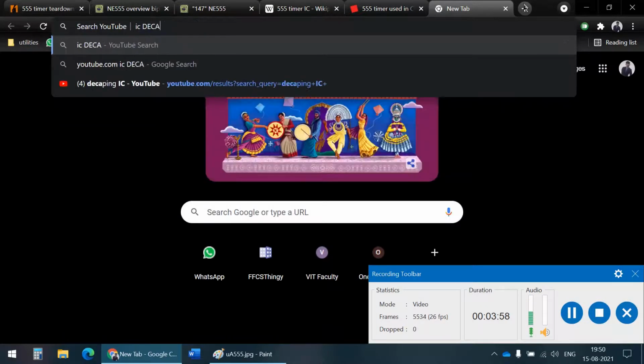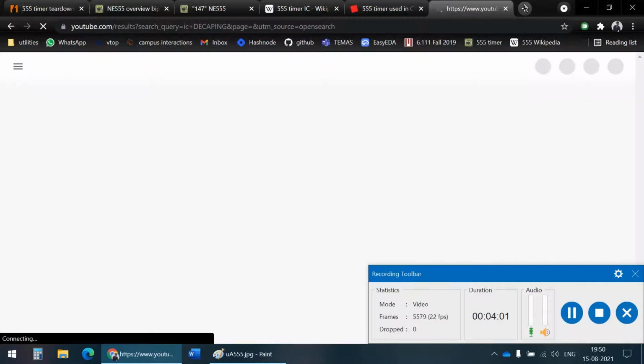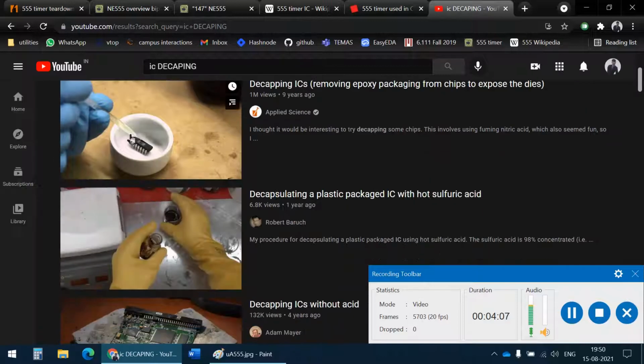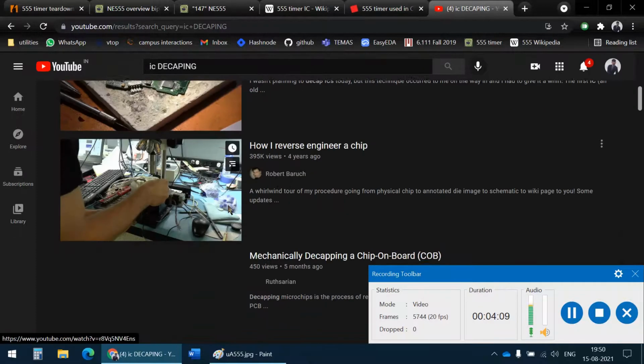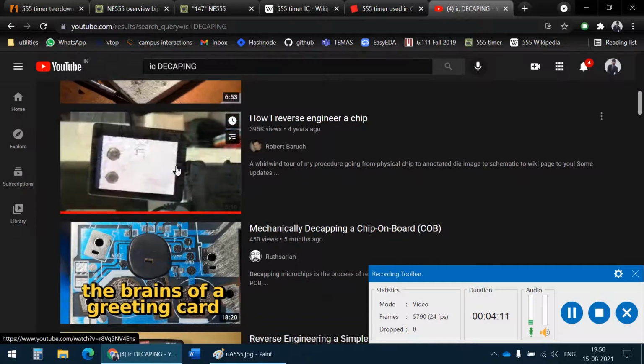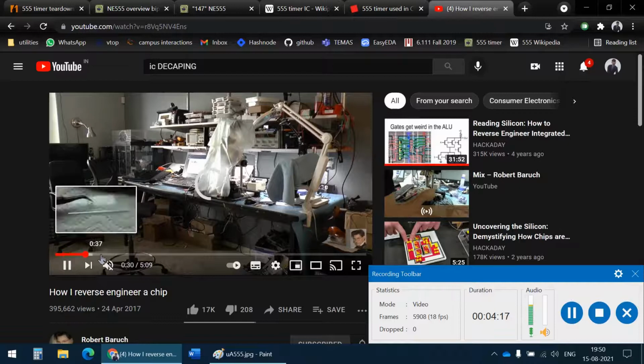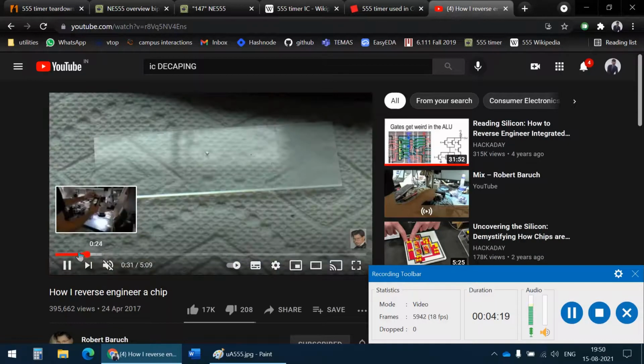Decapping, where so you get ICs in these dual inline packages, and so this is the video I was talking about, where he goes ahead and he removes the plastic coating.